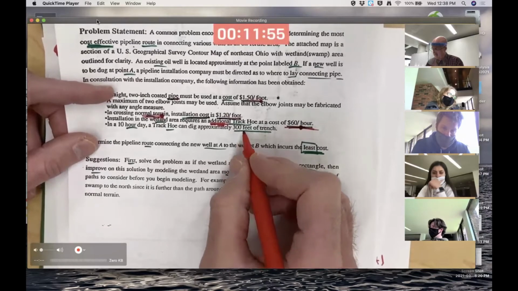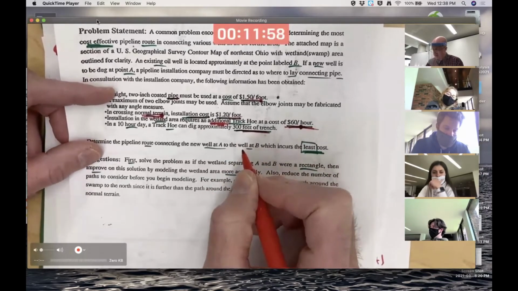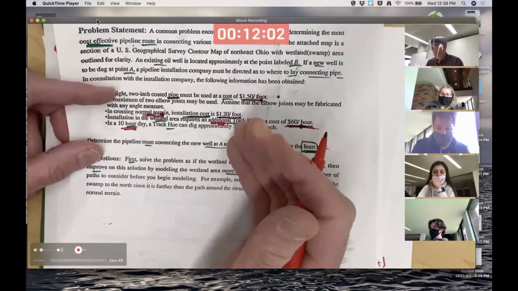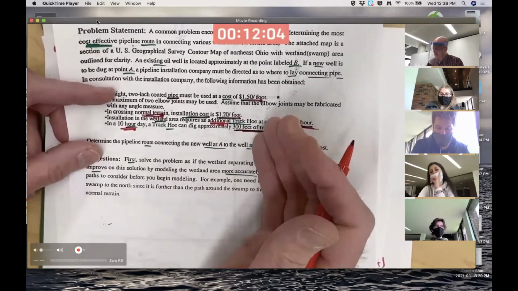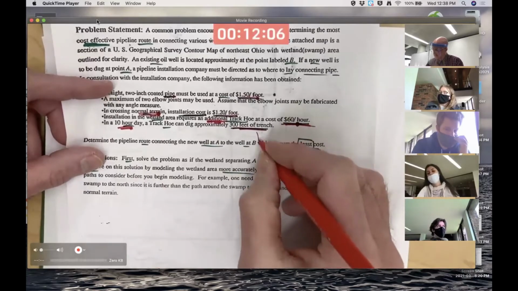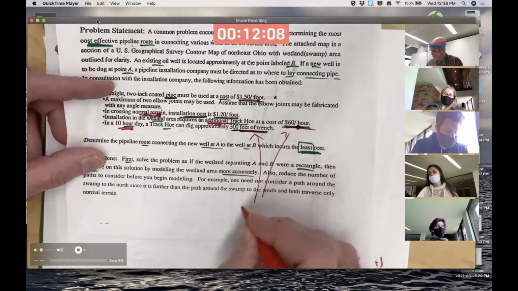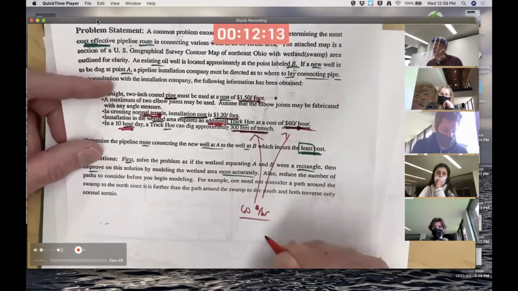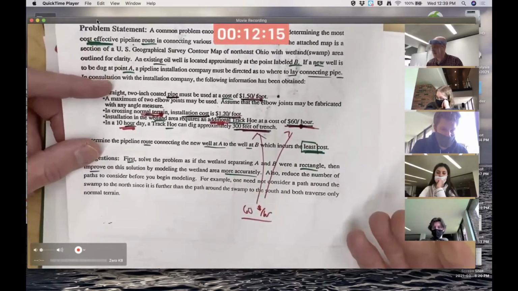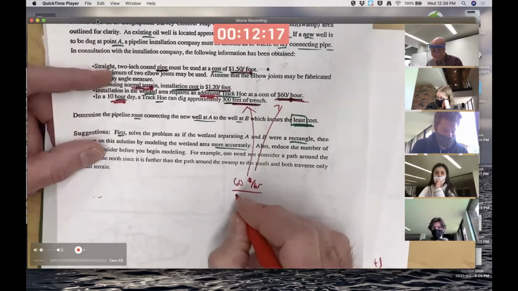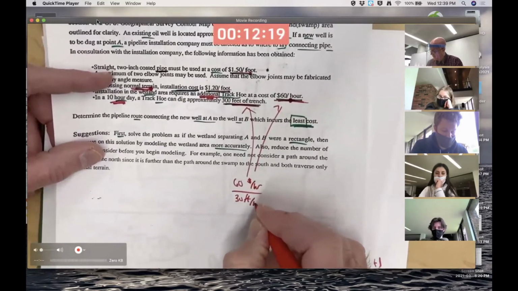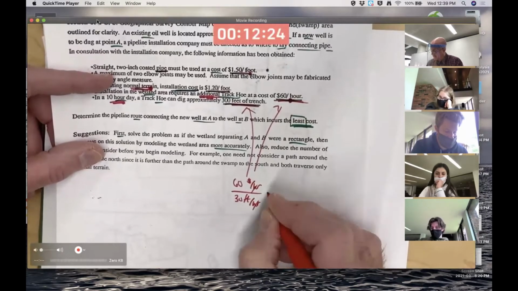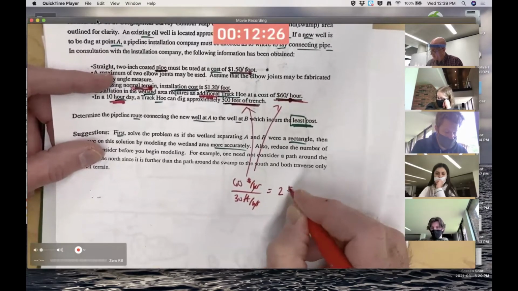Exactly. It's 300. It can dig 300 feet of trench in 10 hours. In other words, that's the same as 30 feet per hour. And if you think about putting this information together, taking $60 per hour as a cost rate per unit time and dividing by 30 feet per hour as a rate at which you can dig the trench, the hours cancel and you are left with $2 per foot.